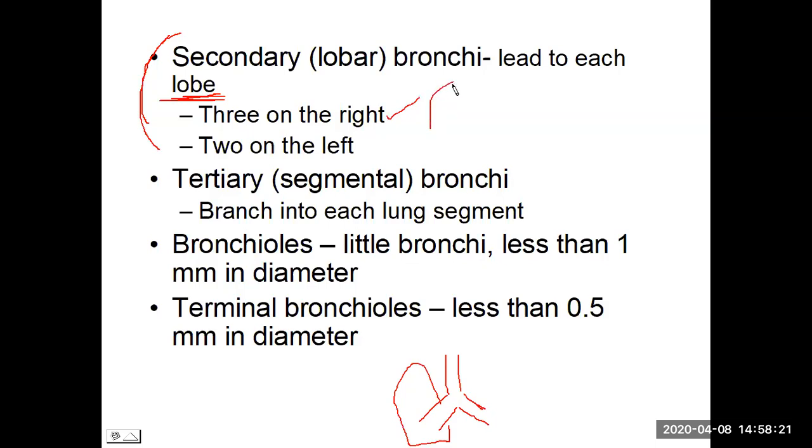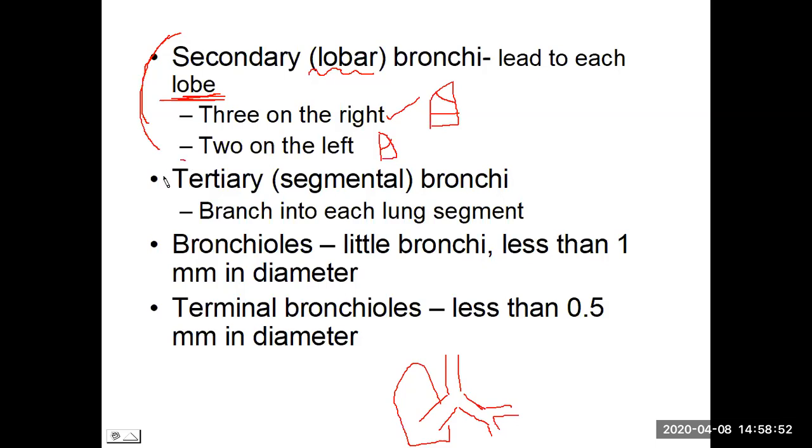Just make a quick sketch of that. So it has 2 divisions and 3 lobes, and the right lung needs 3 secondary bronchi, or you'll notice the alternate name, 3 lobar bronchi. Whereas the left lung only has 2 lobes, 1 division, so it'll need 2 secondary bronchi.